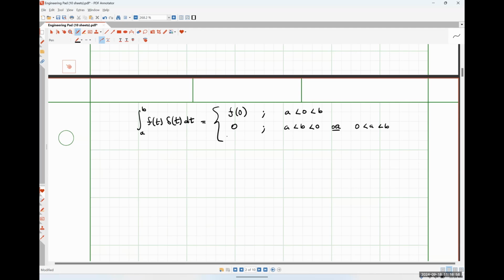And then it happens to be undefined when a is equal to 0 or b is equal to 0. So if we let our limits of integration be exactly 0, we're just saying we're not super sure of what's happening, but we won't ever have a practical case like that.